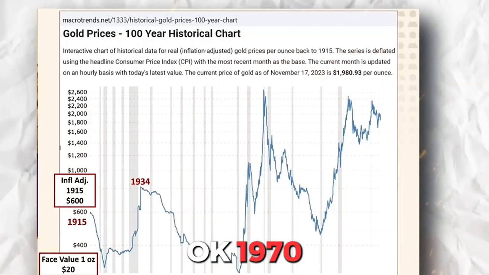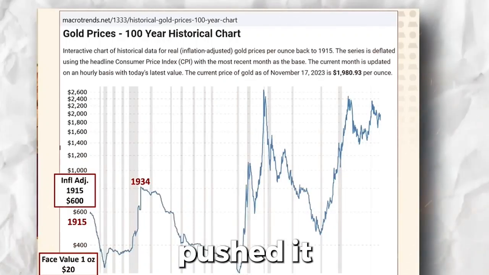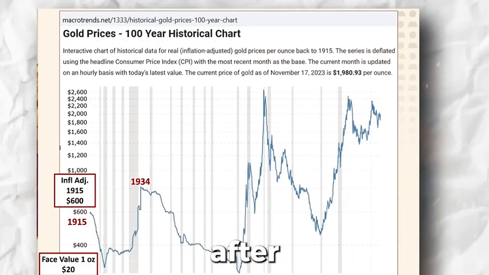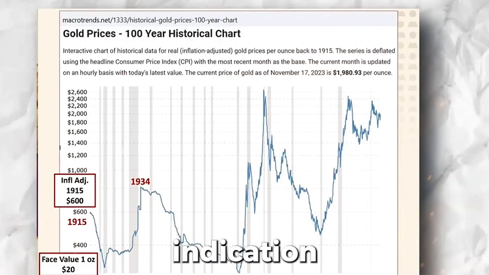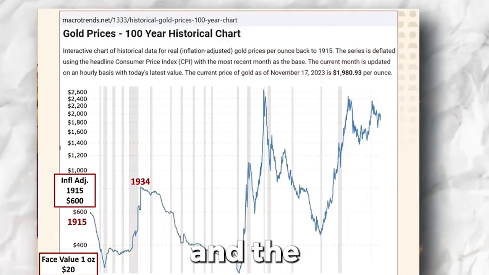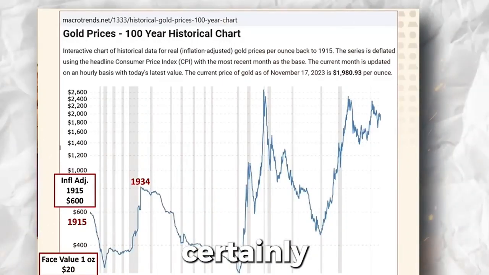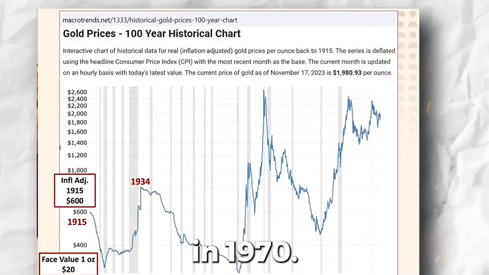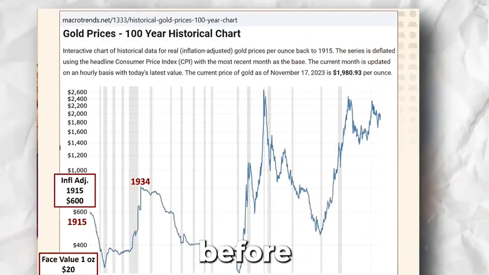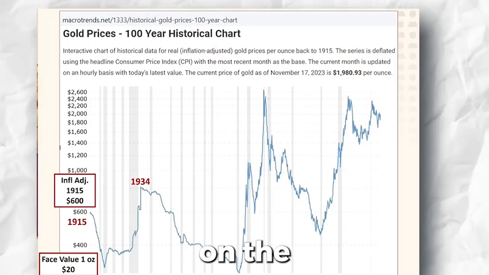Okay, 1970. All right, pushed it all the way down, because after all, they don't want you to know a rise in gold price is an indication of a failing currency. And the US dollar as the world reserve currency was certainly failing on a global basis in 1970. And as I told you before, there was a run on the dollar.